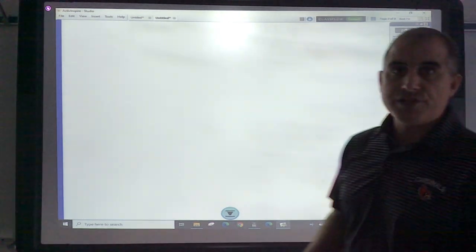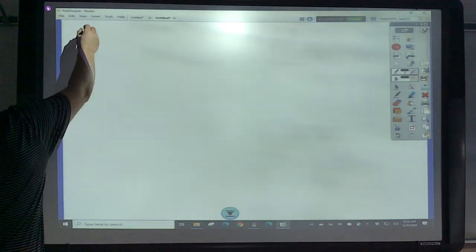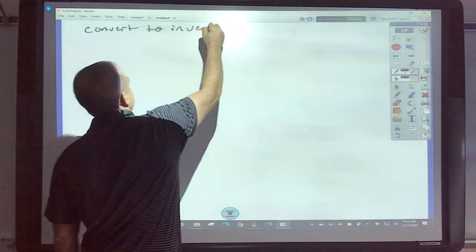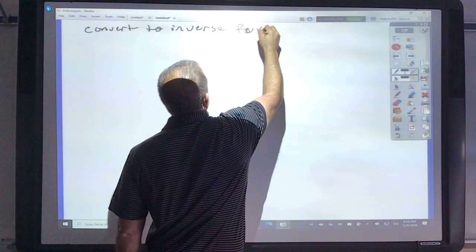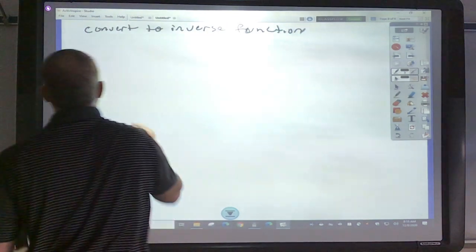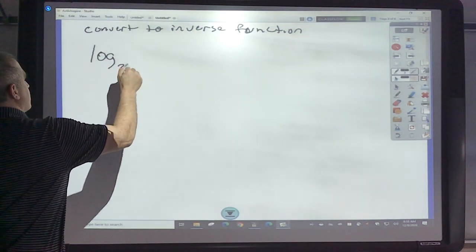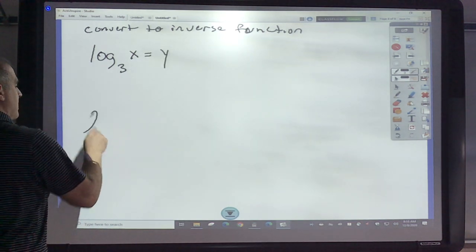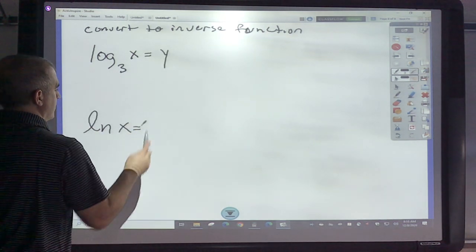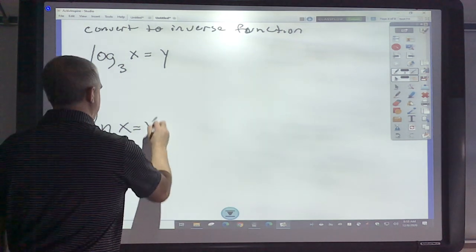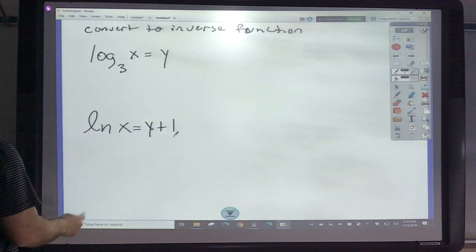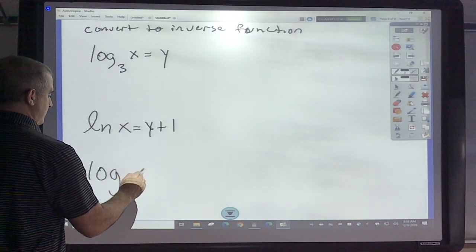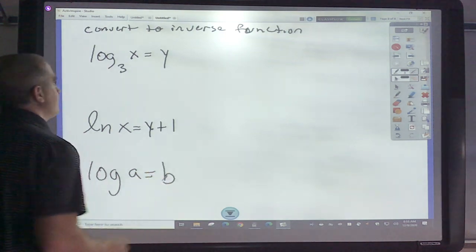What I want to finish this lesson doing is some simple converting to the inverse function. So let's go: log base 3 of x equals y. Let's do natural log of x equals y plus 1. Let's do log of a equals b.